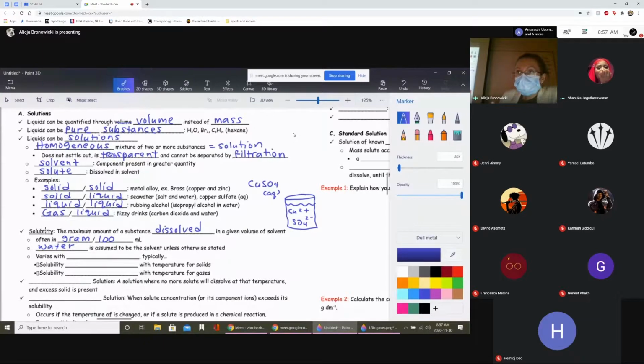So your solubility is going to vary with temperature. So solubility increases with temperature for solids. So if I'm dissolving something like Kool-Aid in water, if I have warm water, I should be able to dissolve more Kool-Aid than if the water was cold. Solubility decreases with temperature for gases.